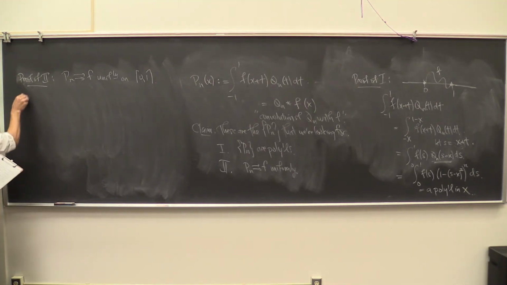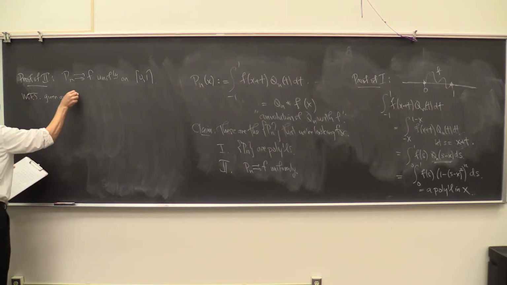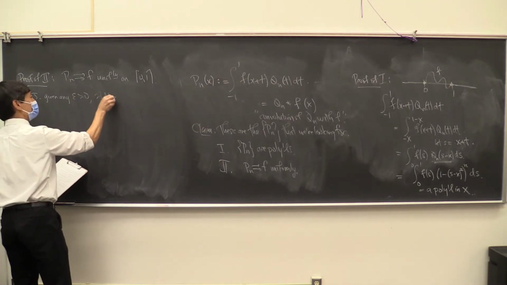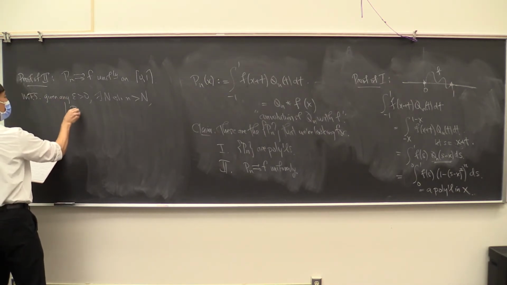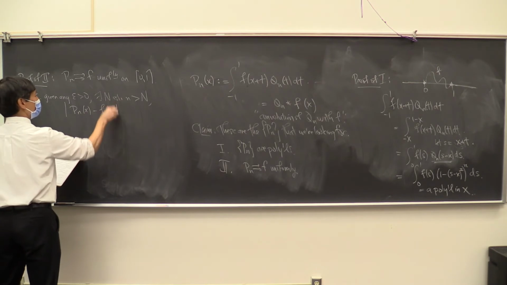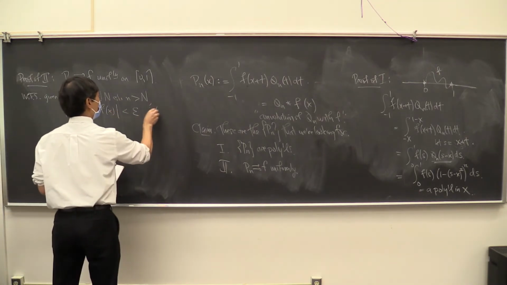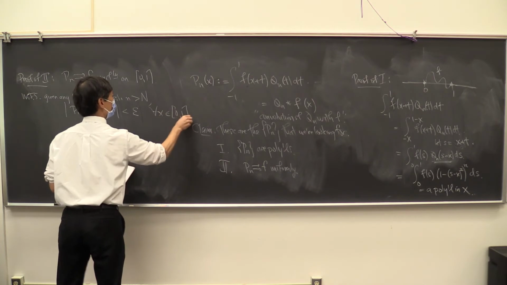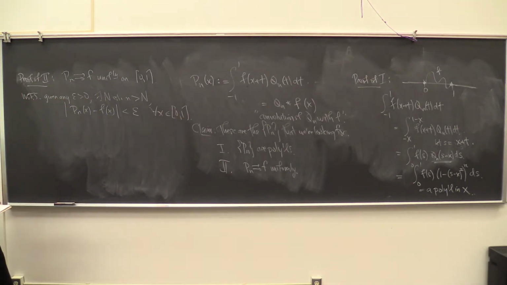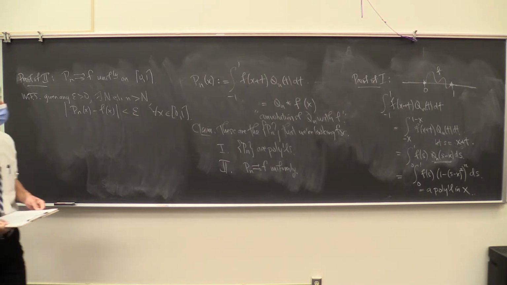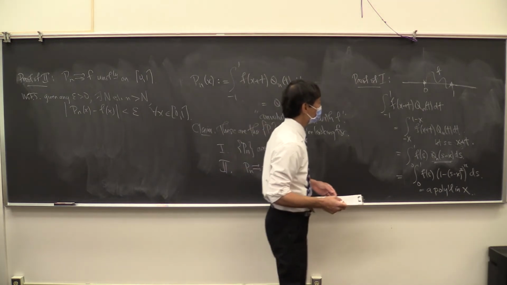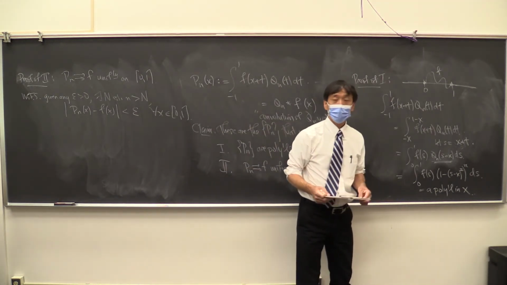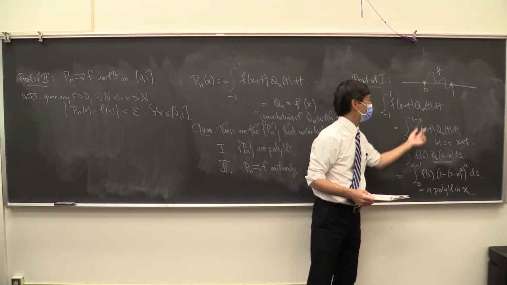Of course, that means that we want to show that given any epsilon, there exists an n such that when you're past that n, then the size of Pn x minus f of x is smaller than epsilon all over the set, all of the interval 0, 1. Remember again, f is only defined on 0, 1.